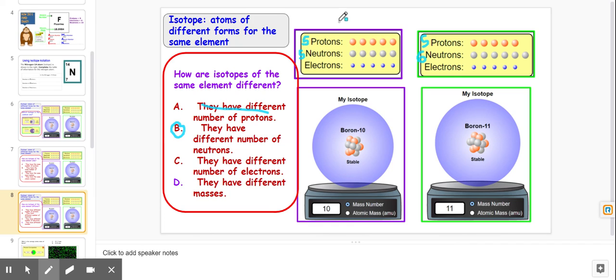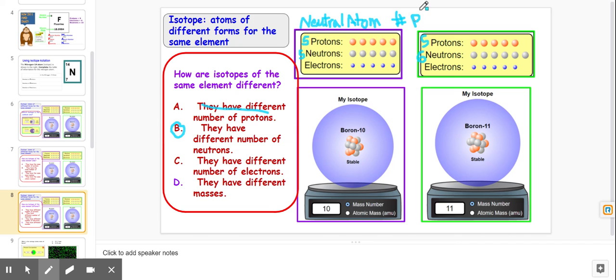Now here's our rule. We're going to learn more about how this can change, but in a neutral atom, that means no charge for the atom, the number of protons, because protons have a positive charge, so you have to think about charge.